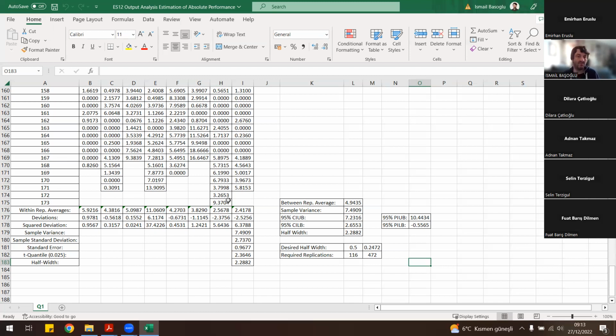Now, remember, MM1 queue has inter-arrival times which are independently and exponentially distributed, and the service times are independently and exponentially distributed with another rate parameter. Therefore, we should not expect to have a stable queue profile, stable size of the queue, during the observation of such a queuing system, because the exponential distribution is not very stable because of its high tails.